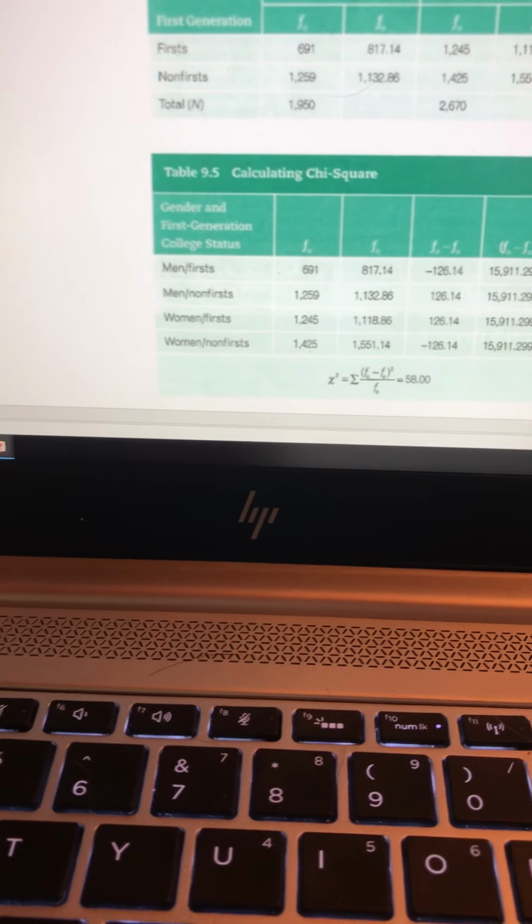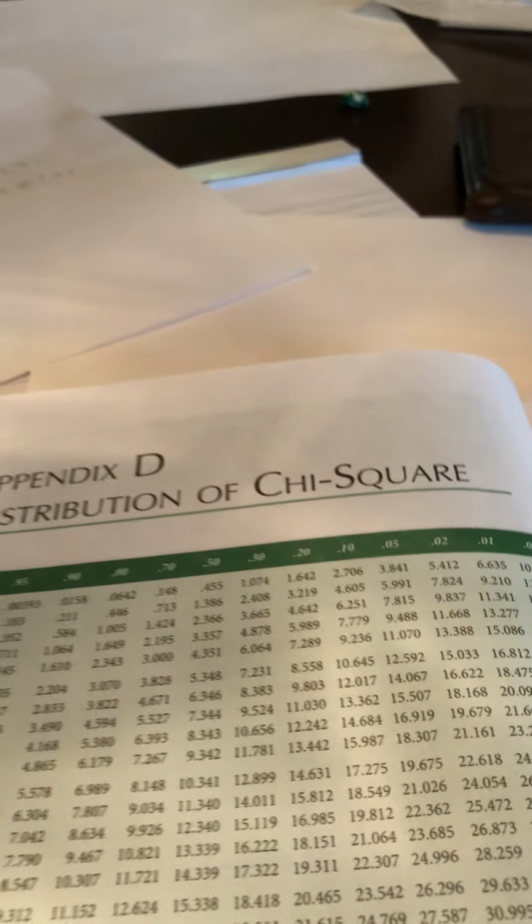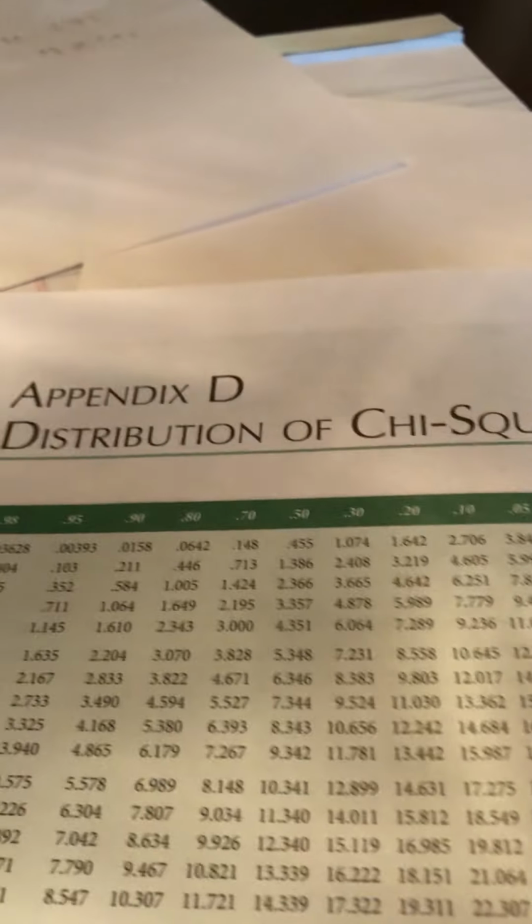If it does not hit the critical value, for instance if it's less than 10.827, then we would accept the null or fail to reject it. I'm going to show you the critical value visually.